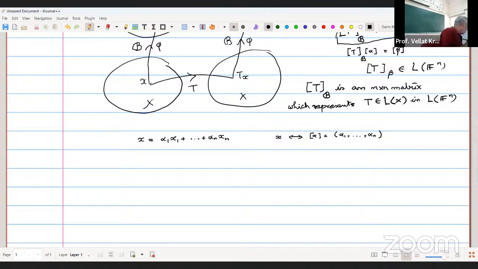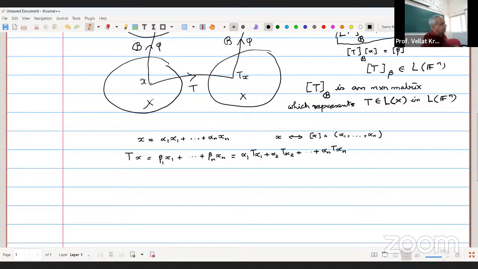Similarly, Tx is beta 1 x1 plus beta n xn. That is Tx. But Tx is also equal to alpha 1 Tx1 plus alpha 2 Tx2 up to alpha n Txn.